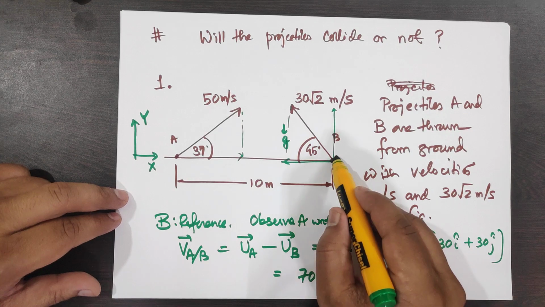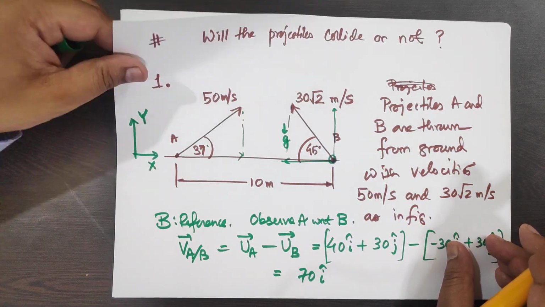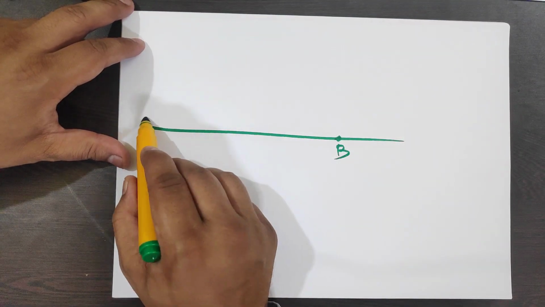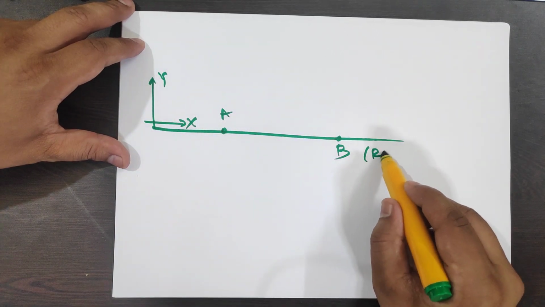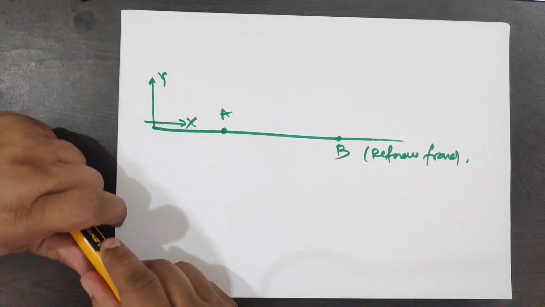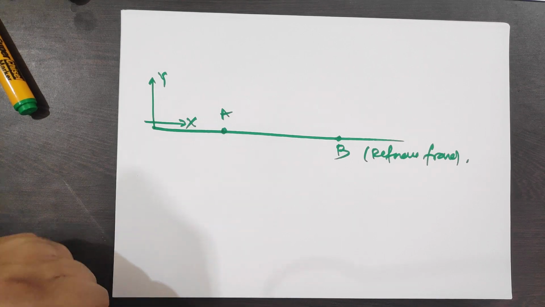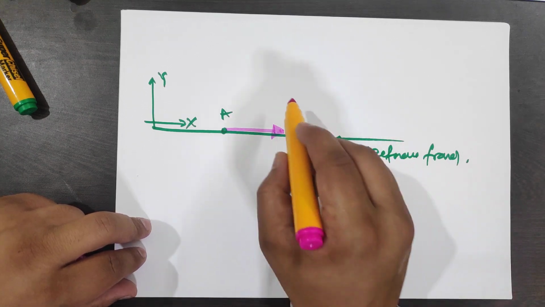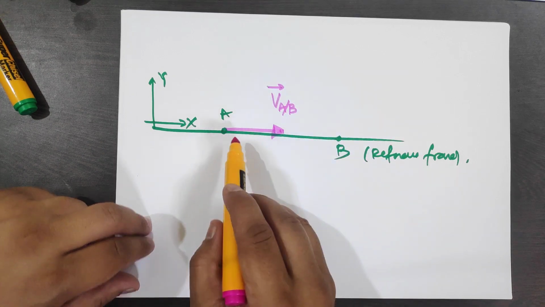So that means with respect to B, let me show in the next page. B is kept as the reference. So with respect to B, A is having a velocity of how much? 70. Okay, so the most important thing is this is the direction of VA with respect to B.